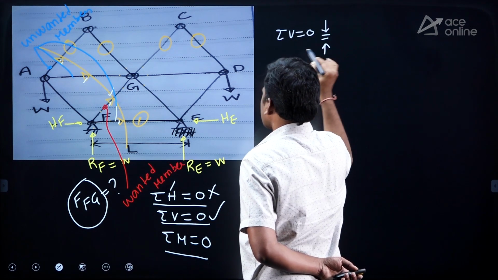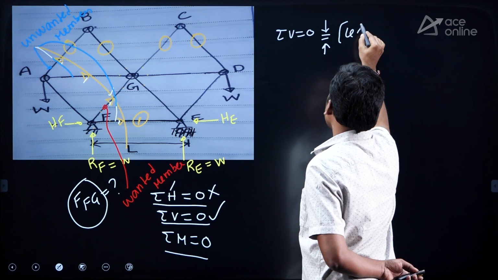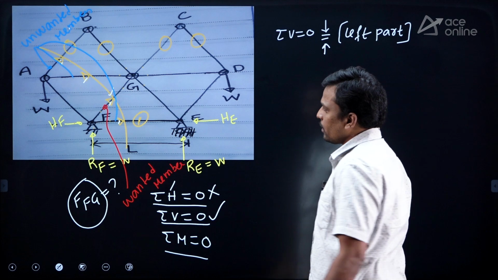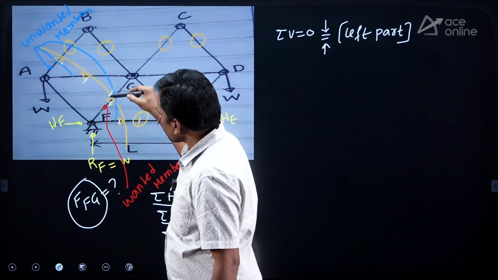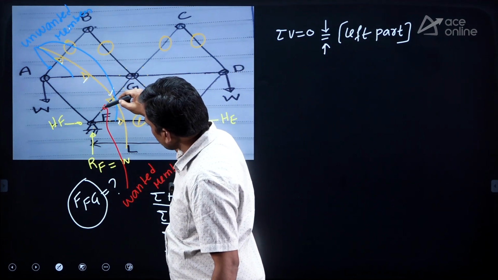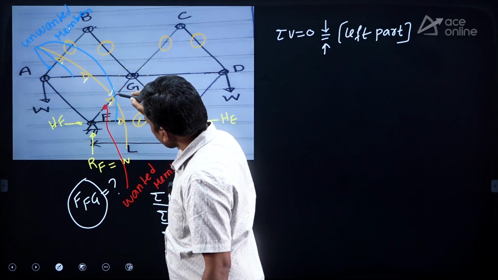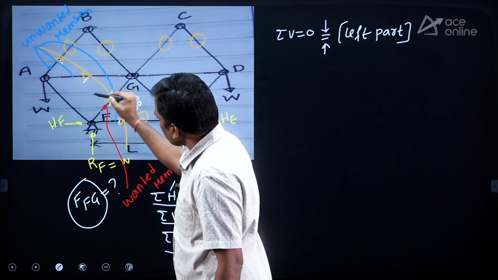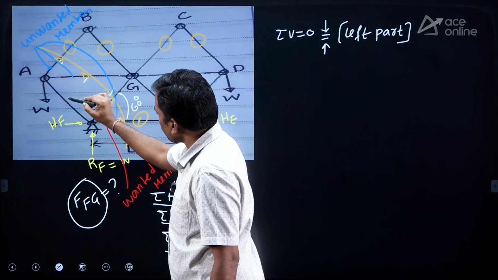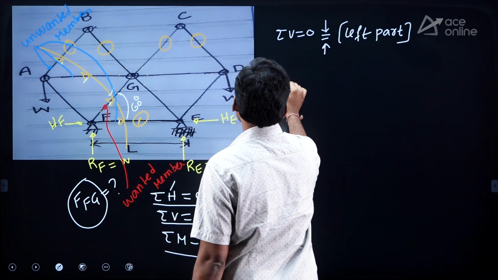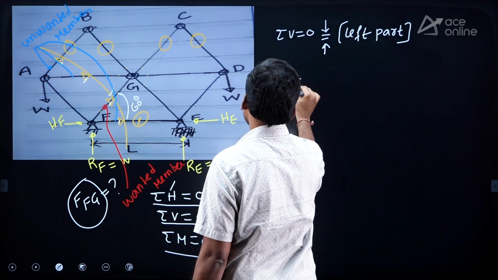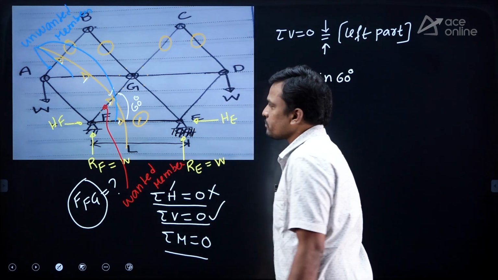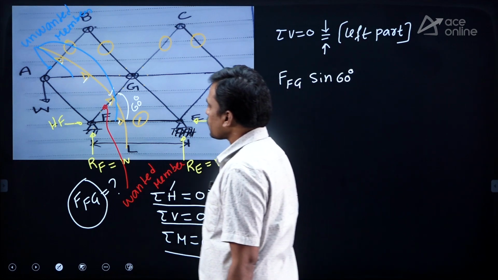All the downward forces equal all the upward forces. We are balancing only the left part. In the left part, resolve the force into its vertical component. With respect to horizontal, this is 60 degrees. So balance it vertically: this is upward, so the force in member FG has vertical component sin 60. Then what are the downward forces?